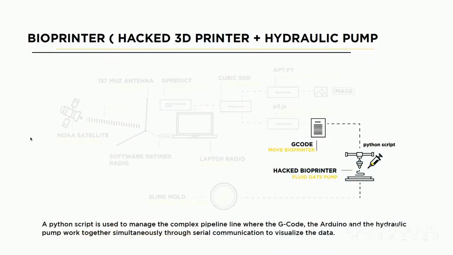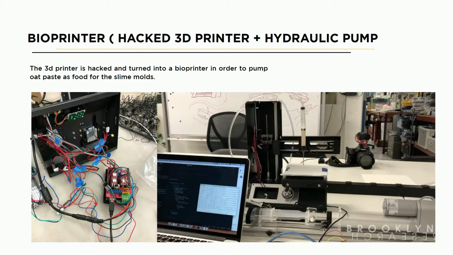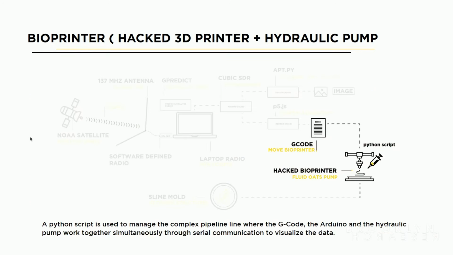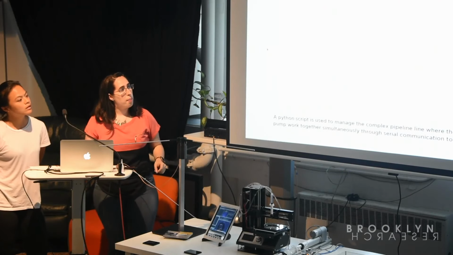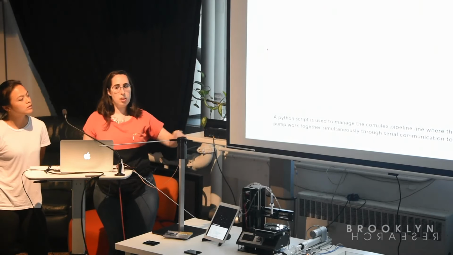And from that point, we then use the visual that's created to print the food, the oats, for the slime mold. Just going back a little bit, I think this last part of the pipeline is very important because there are a lot of elements involved.